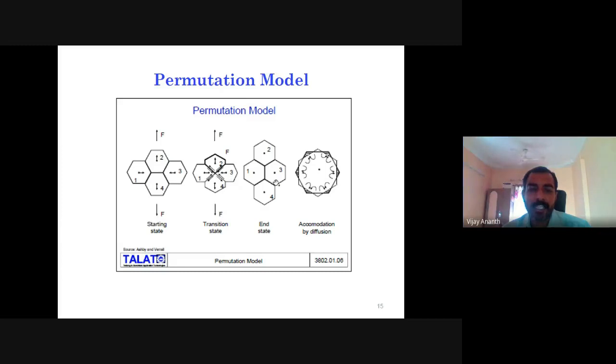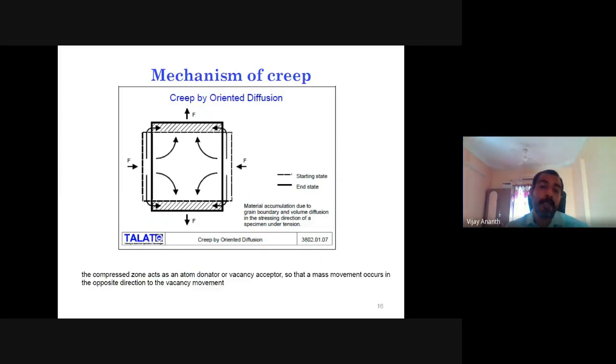This 1 and 3 are coming together. So deformation takes place in the longitudinal manner. So plastic forming takes place in the longitudinal manner. At the same time, this is called diffusion. Diffusion means the grains rotate. Grain rotation movement is called diffusion. So due to the rotation movement, diffusion takes place, and from that we can get the elongation in the superplastic forming. This is the permutation model.